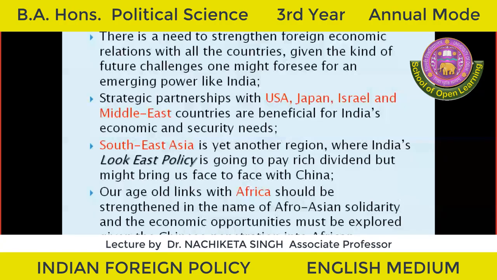That means India will have to have good relationships with the countries which are located in the maritime outreach of India. For example, Sri Lanka and the Southeast Asian countries, Maldives, and other countries in the near vicinity within the territorial sovereignty of India. We need to have good relationships.